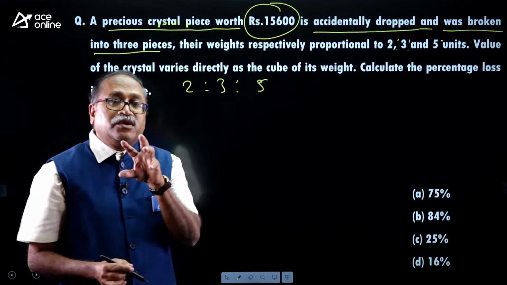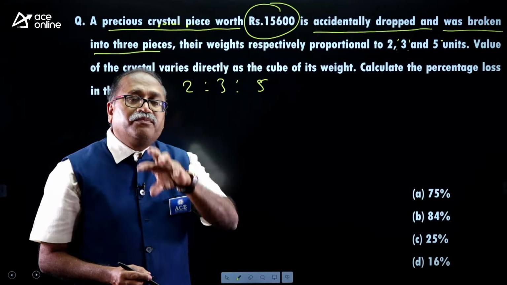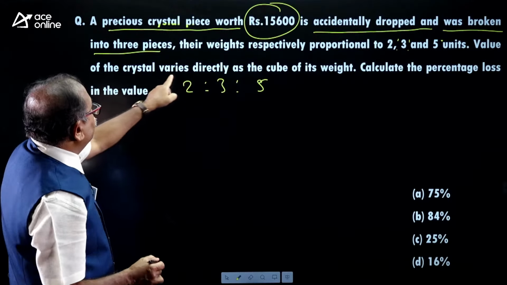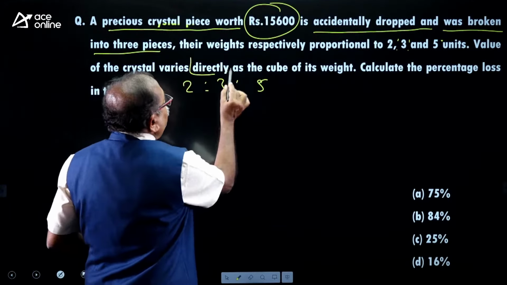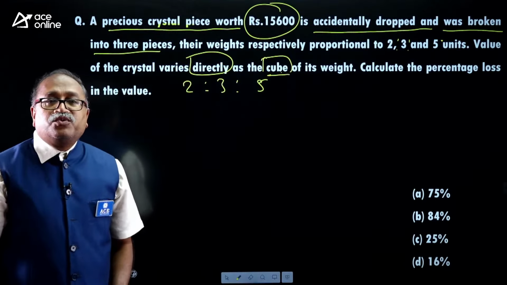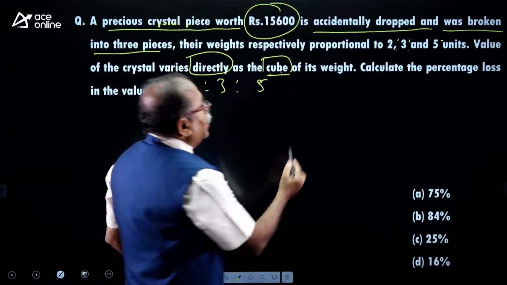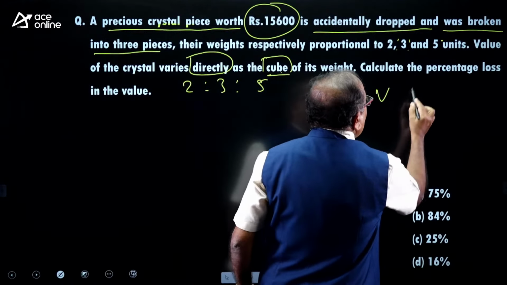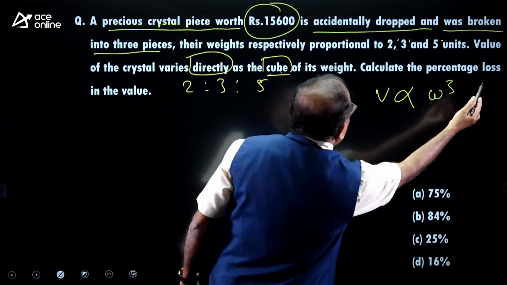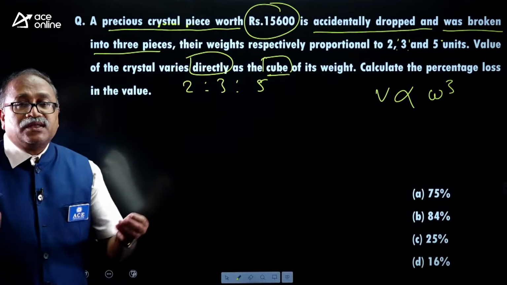Now I need to find out the relation from price to weight, which is given here: the value of the crystal varies directly as the cube of its weight. Calculate the percentage loss in the value.